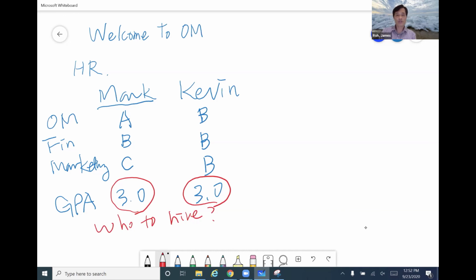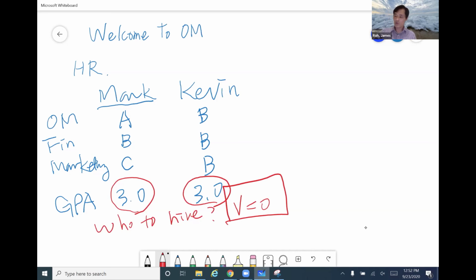However, in operations management, variance is a very important concept, and we want to look at it and analyze it and see what kind of variance it has. So Kevin's variance is 0, right? So if you are looking at a person with consistency, I think Kevin might be the choice in this case.